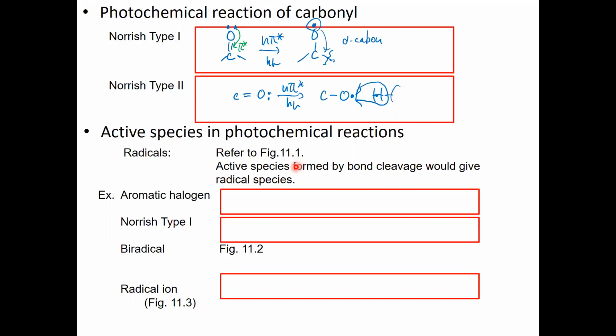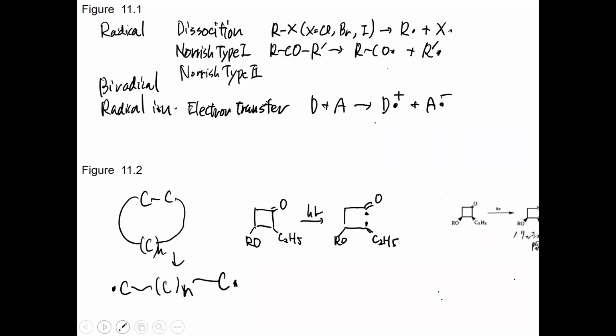During the photochemical reaction, active species are formed by bond cleavage. For example, in a dissociation reaction of an alkyl halogen molecule, the bond is cut to generate two types of radical species.